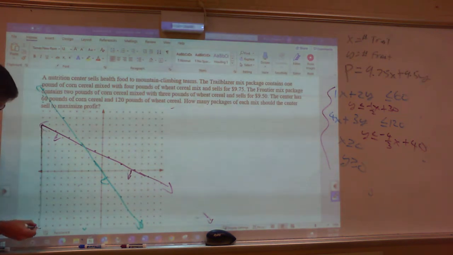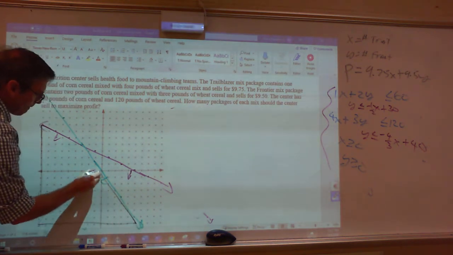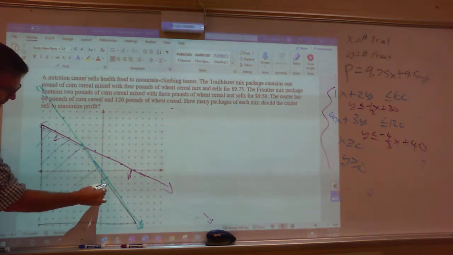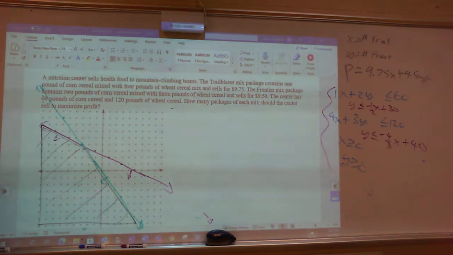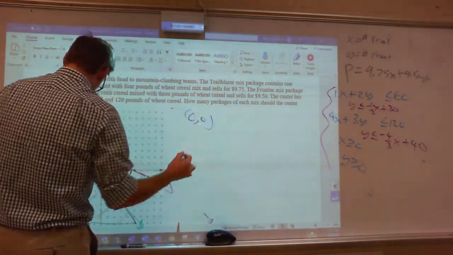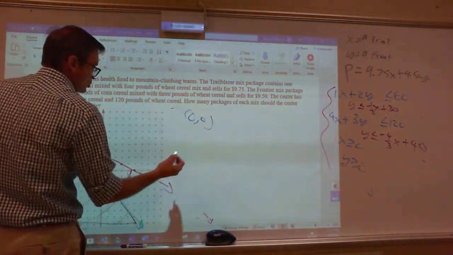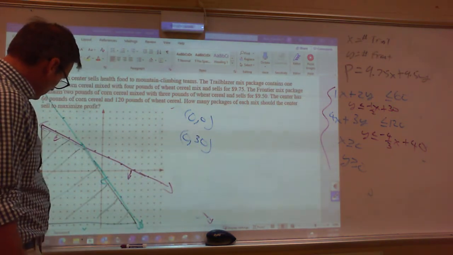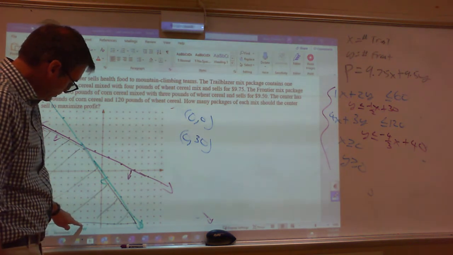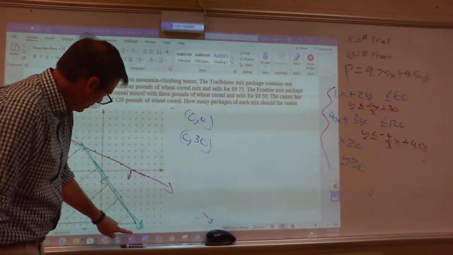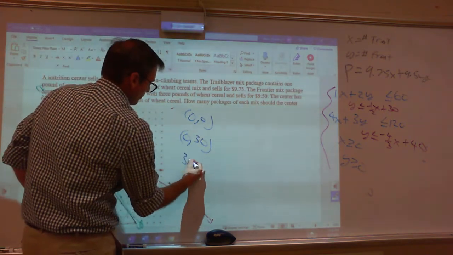So this is the region I'm interested in. And now that I have my region, the coordinates I'm going to check are 0, 0. I'm going to check 0, 30. I'm going to check 30, 0.